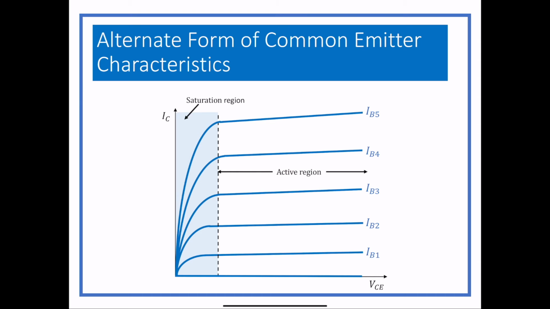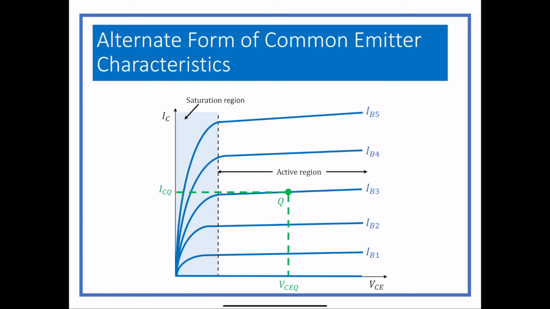In the active region, we generally want the Q point to be in the middle, just like we did with MOSFETs, and then the values of IC and VCE are just found by going over, and the base current is whatever line you're resting on. So this is a circuit that is running IB3 as its base current, and then it has a value of IC and VCE based on that as part of the curves.